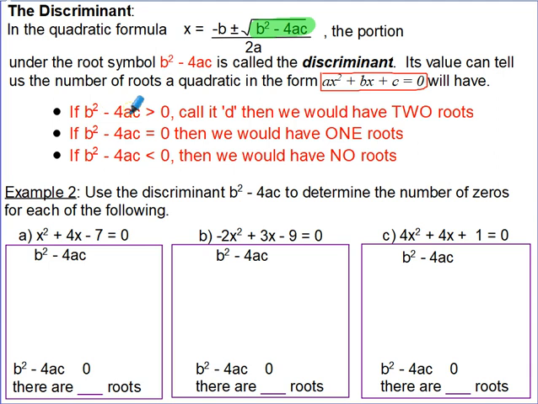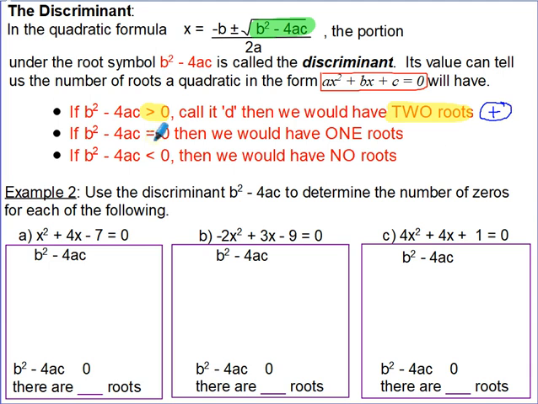If b squared minus 4ac, which I'm going to now call the discriminant, is greater than 0, then we have two solutions or two roots. Meaning, if b squared minus 4ac is a positive outcome, then we're going to have two roots.